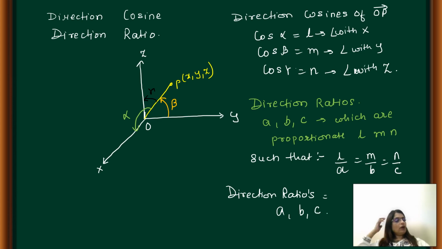Now, for any vector in the world, suppose we have a vector. How do you write a vector? Can I say a vector is equal to x i cap plus y j cap plus z k cap? Correct. In this, the scalar components of this vector are what? They are the direction ratios of this vector.